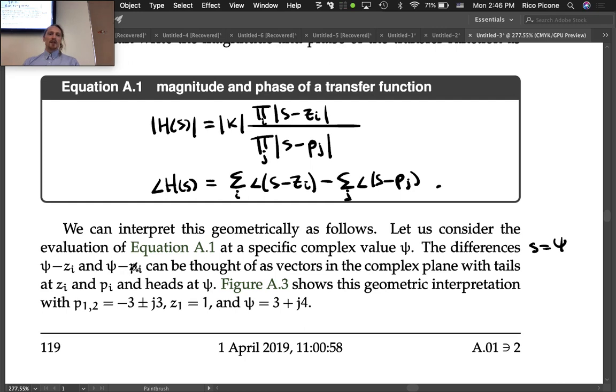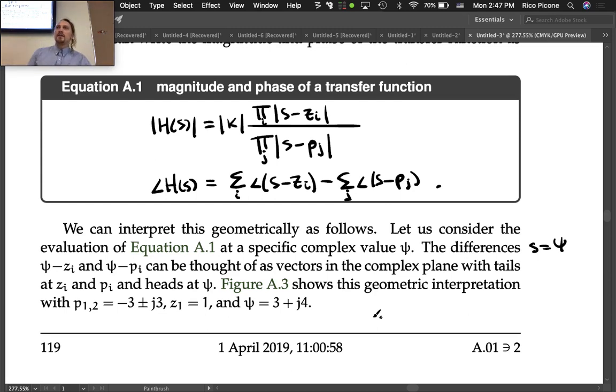And psi minus Pi, the poles, show up in the denominator of the magnitude and then in the subtraction of the phase. These can be thought of as vectors in the complex plane with tails at Zi and Pi and heads at psi.